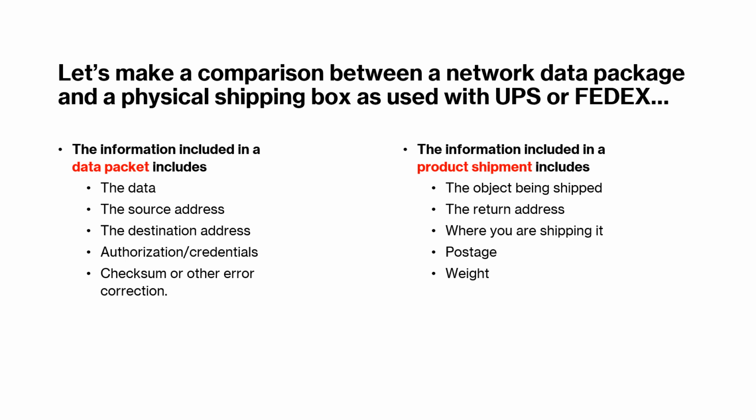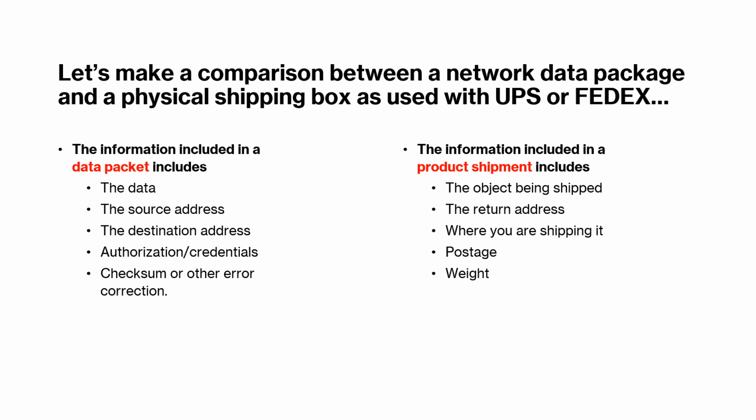So we are going to make a comparison between sending network data and sending a box through UPS or FedEx. And I've made a list of the types of information that are required for both events. And let's look at these. Over on the left here, we have the information included with a network data packet, which of course is going to include the data. It's going to include where the data came from or the node that it originated from.